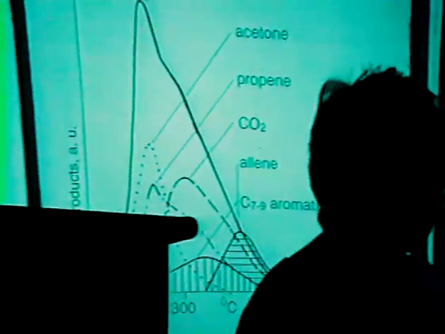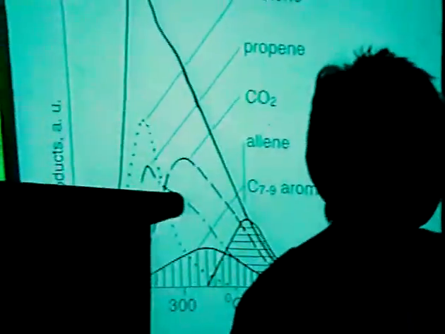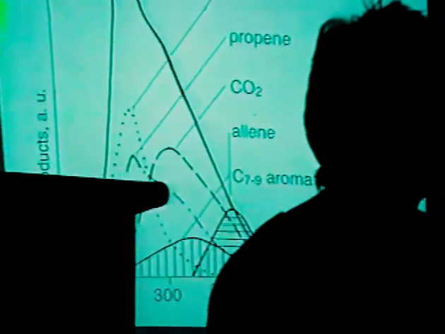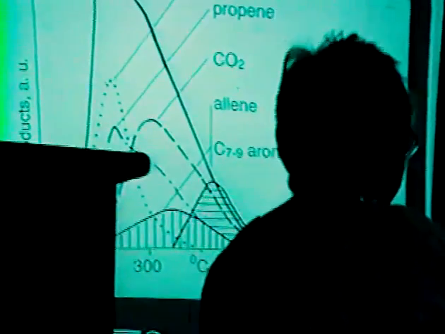The composition of the products was the same as the result of interaction. You can see that the main product was isobutene, some acetone, then aromatics C7, 8, 9, and some alkane.